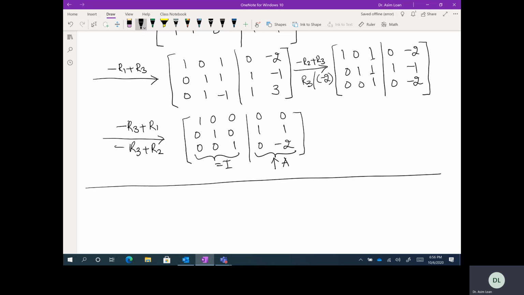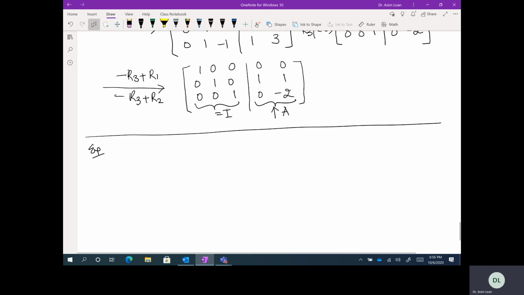Let me give you another example. Another example is T of x, y, z transforms into x plus y and y minus z. So the sum of the first two elements and the difference of the second and the third element.